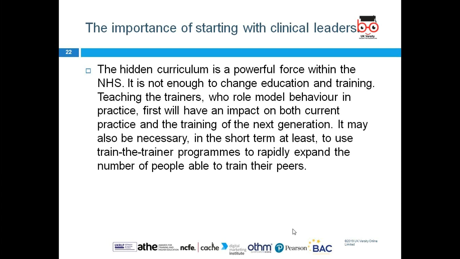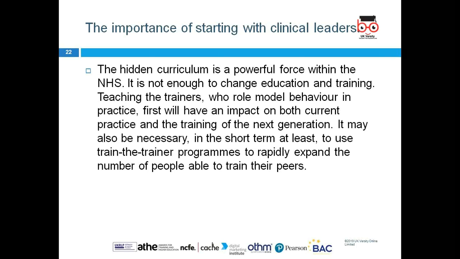So what's being talked about on this slide is that the people that are training new clinicians to join the departments, or that are coming straight out of education, are the ones that are going to have the greatest impact on how their students, who are the clinicians, are actually working.